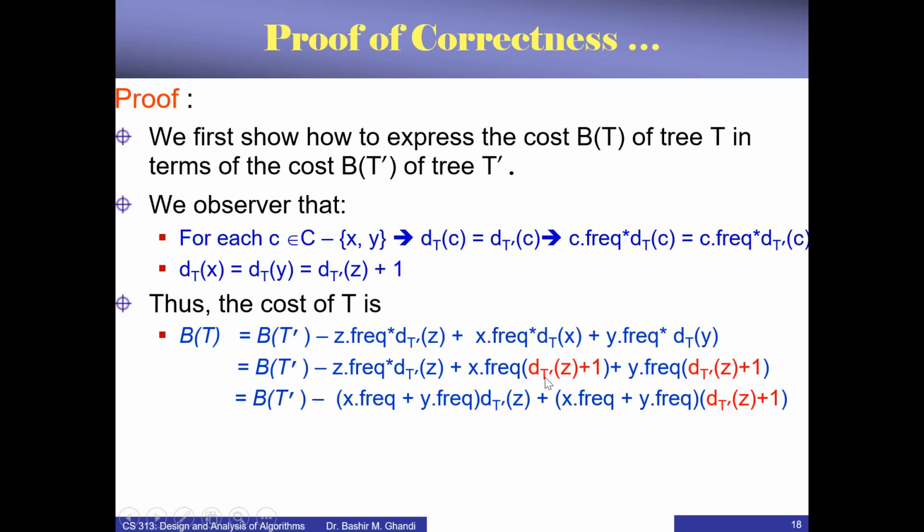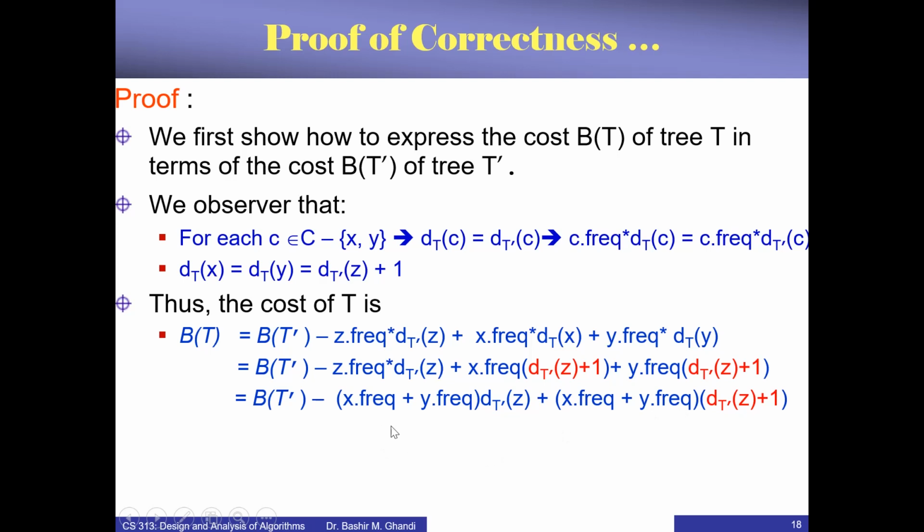Now here, what we have done is just factoring out, because both of them have the depth of Z plus 1 as a factor. So if you factor it out, we will be left with x.freq plus y.freq. All right.